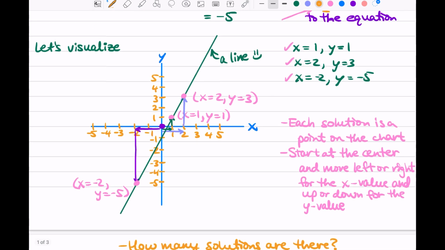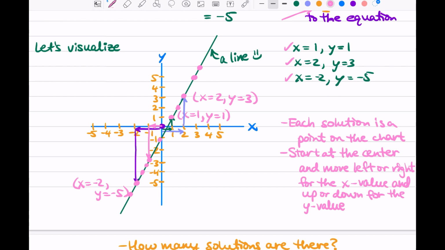So if we keep on picking x's, let's say, for example, we picked an x that went this far. We went to -1, and then we plugged that into our equation. We would end up coming down here and putting a point right here. And so you can keep picking x's, and then you would end up forming more and more and more dots.